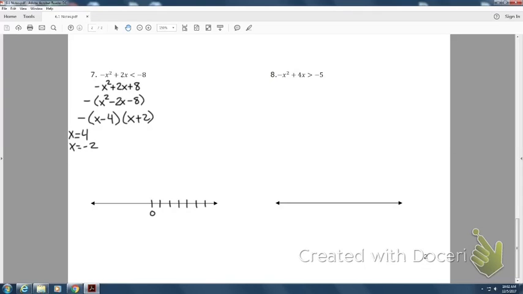Once I get this point, I plug it in here. Make sure that your dots on this are open because it does not have an equal to. Again, the test point I'm going to use is going to be 1.